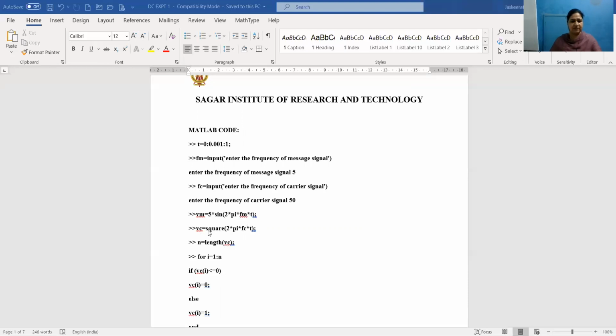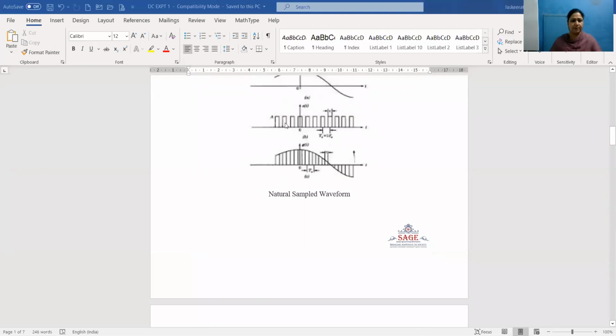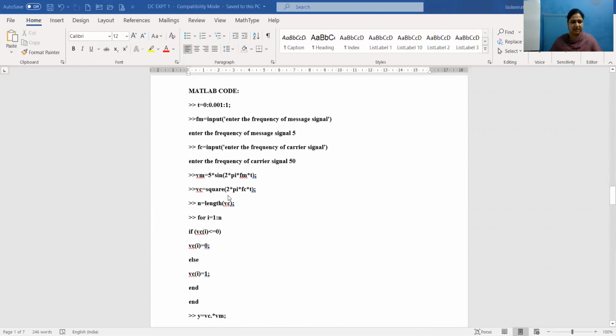So Vc is given by square 2 into pi into fc into t. Now, for a carrier signal, we can see in this figure, we want a pulse signal. So here in this case, Vc is given by square signal. So we will convert the square signal into train of pulses.